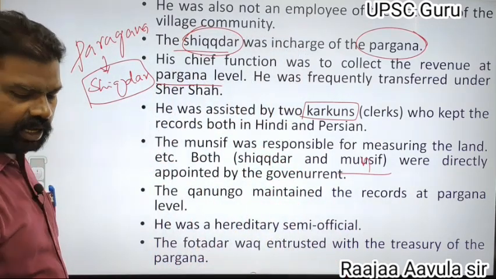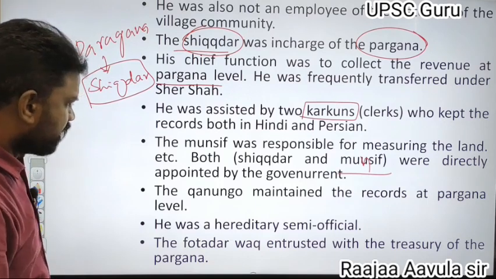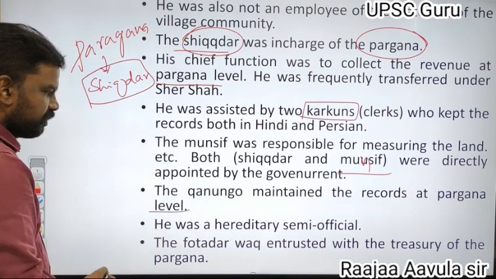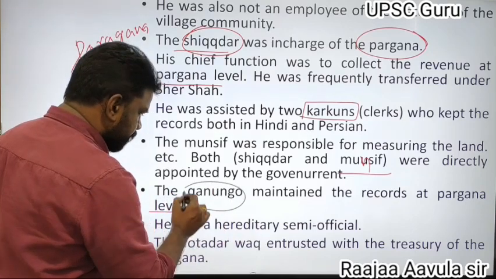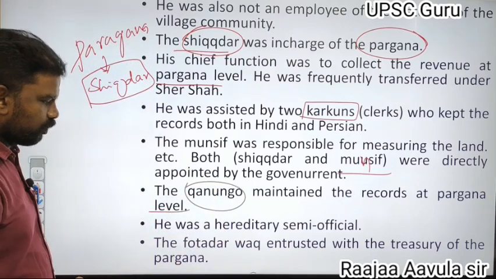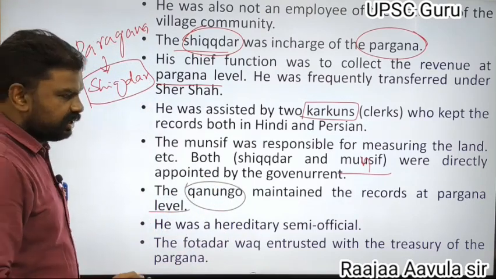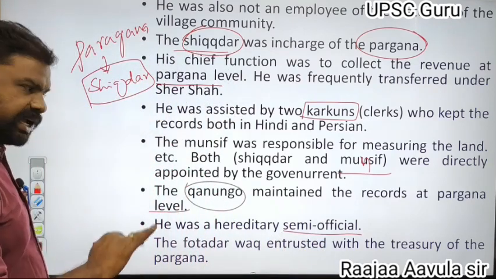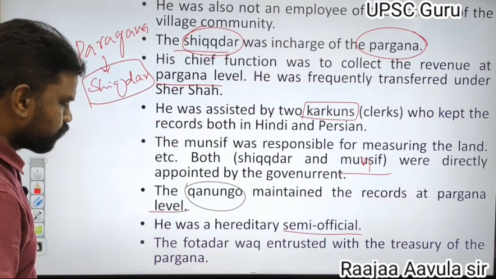The Kanungo maintained the records of the Pargana level. He was hereditary and semi-official, not completely official.